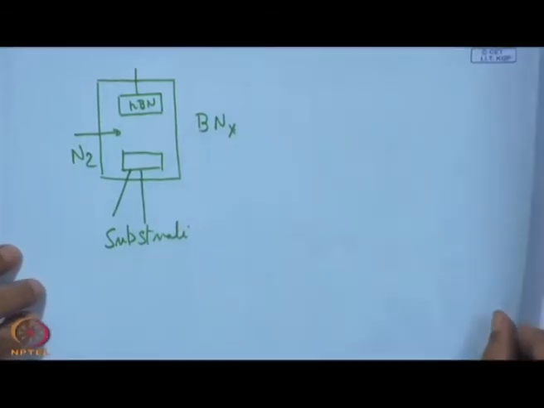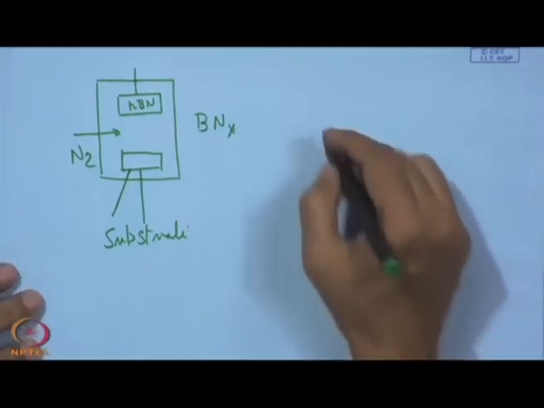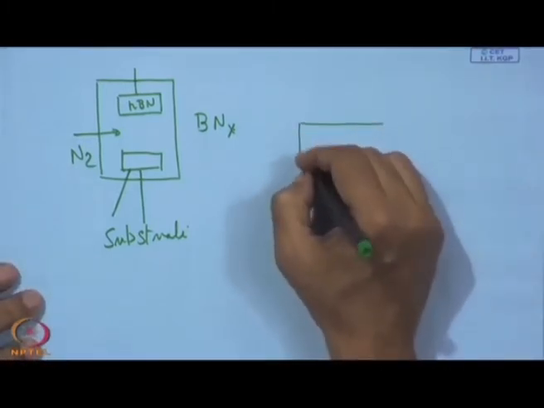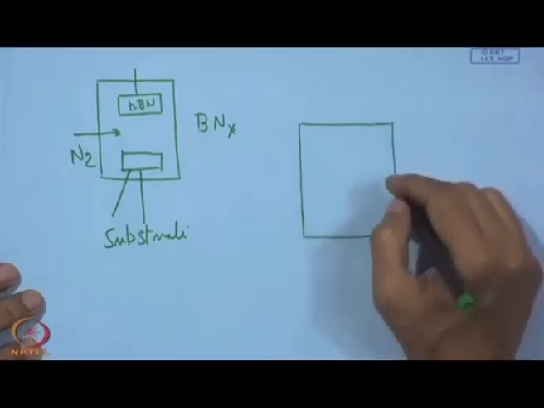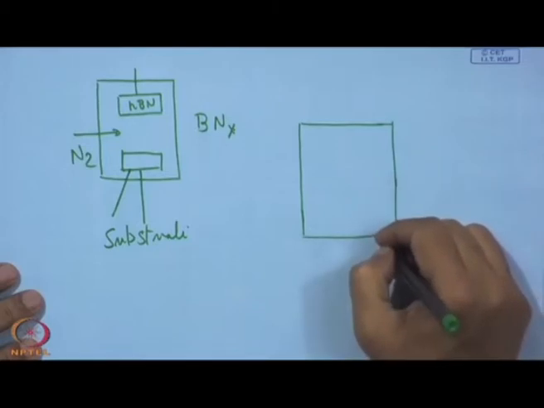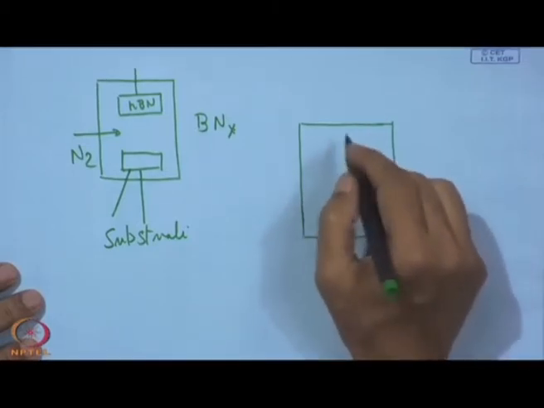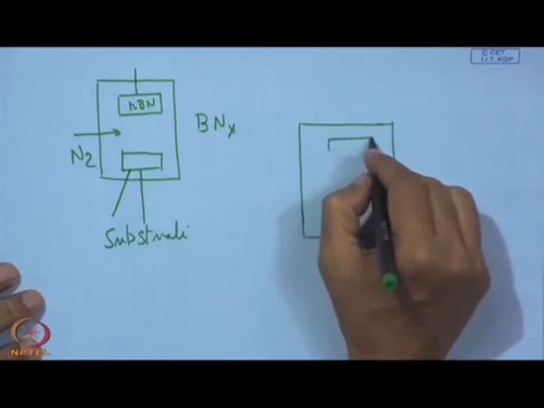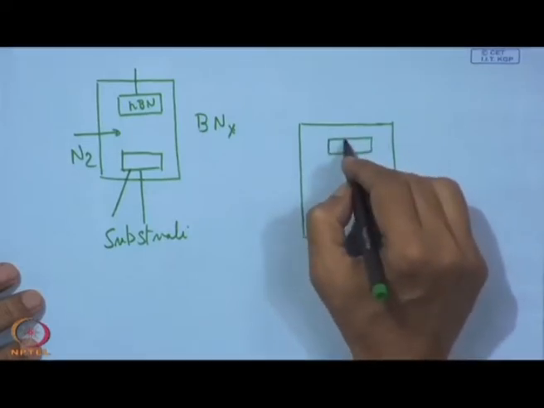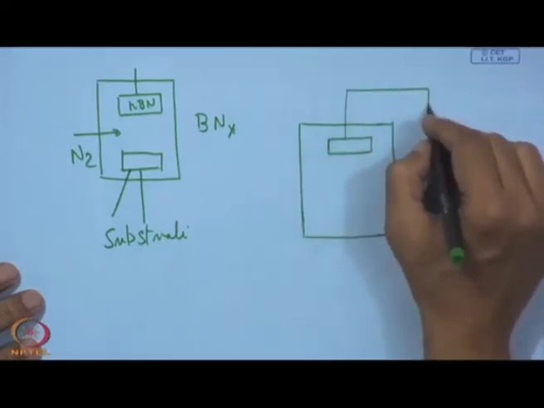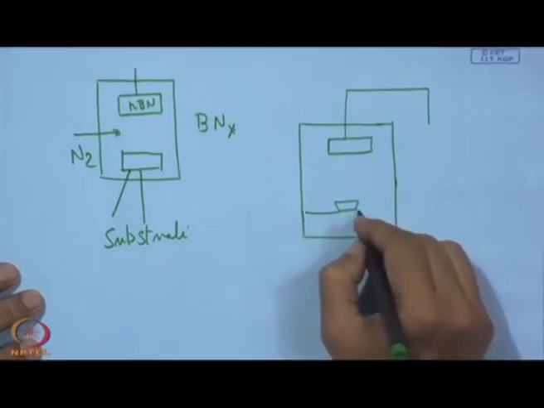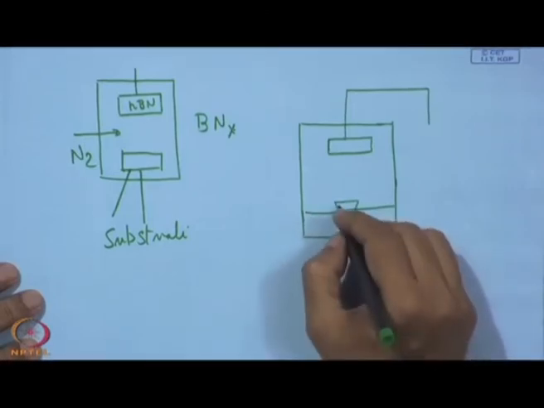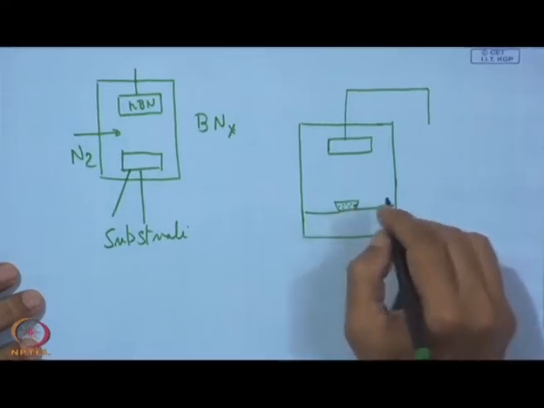Following this issue, there was another method of doing this. The substrate is here, and what we have here is a crucible consisting of HBN.